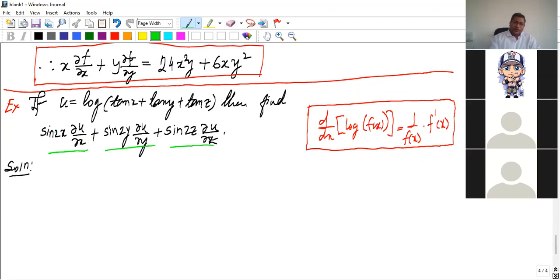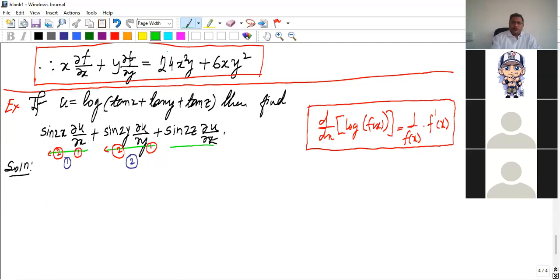Okay, so here we first find the derivative with respect to x and multiply it by sine 2x, and this will be your equation 1. Then find the derivative with respect to y and multiply it by sine 2y, so this will be your equation 2.